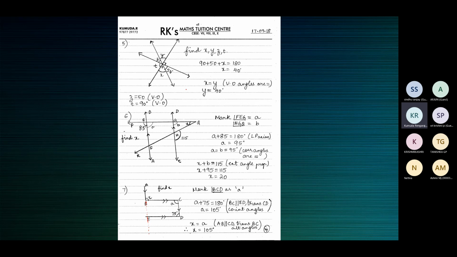Produce AB like this to intersect ED. So now this figure is a parallelogram. This quadrilateral is a parallelogram.